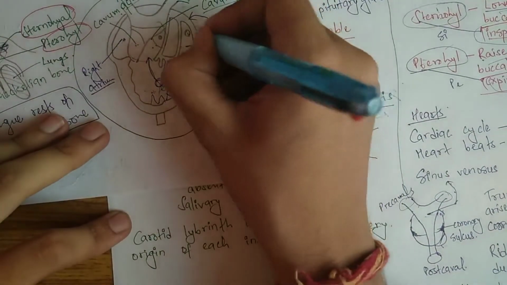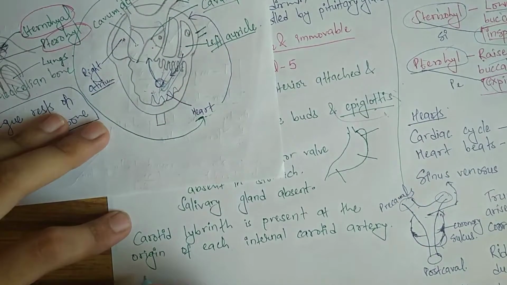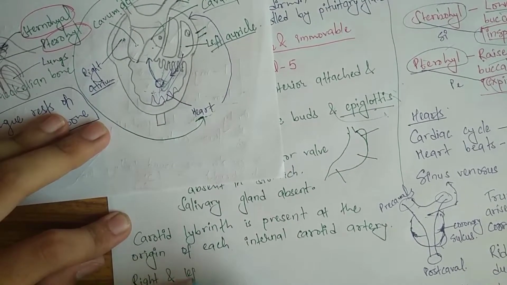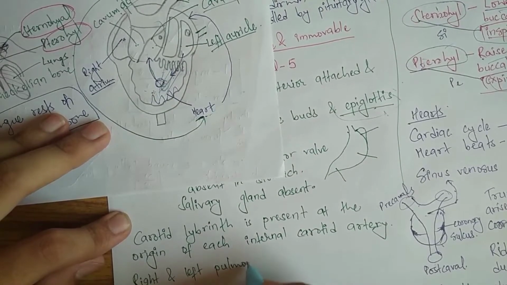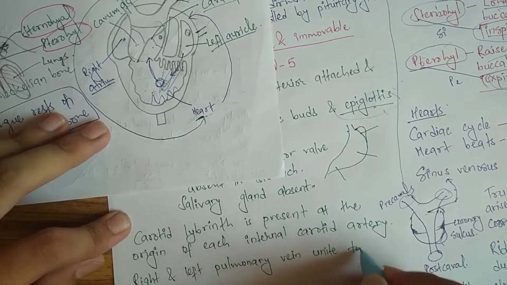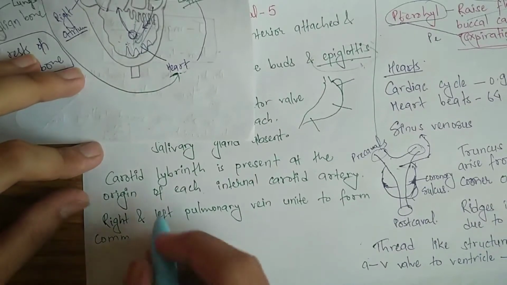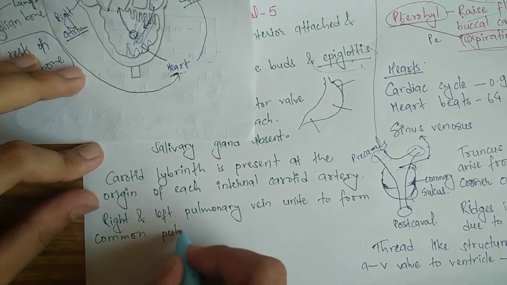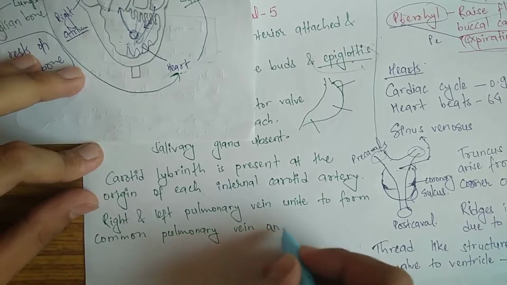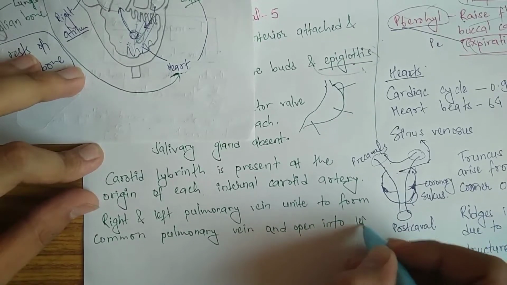Now, when the blood is entering from the heart into the left auricle, there are two pulmonary veins, and the right and left pulmonary veins unite to form a common pulmonary vein and open into the left auricle.